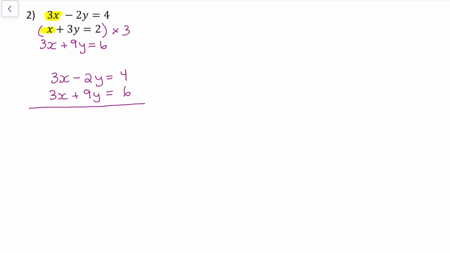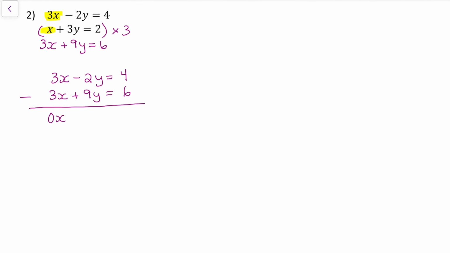Now I need to decide adding or subtracting. So I have a 3x and a 3x. If I add those together, I'm going to get 6x, which doesn't help me. I want to get 0x. So I'm going to have to subtract the two equations in order to get a 0x there. So 3x minus 3x gets me 0x. Be careful with your negatives here.